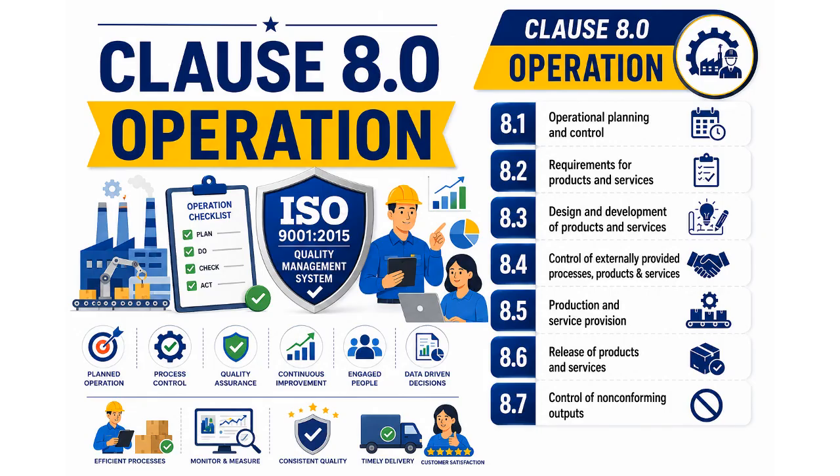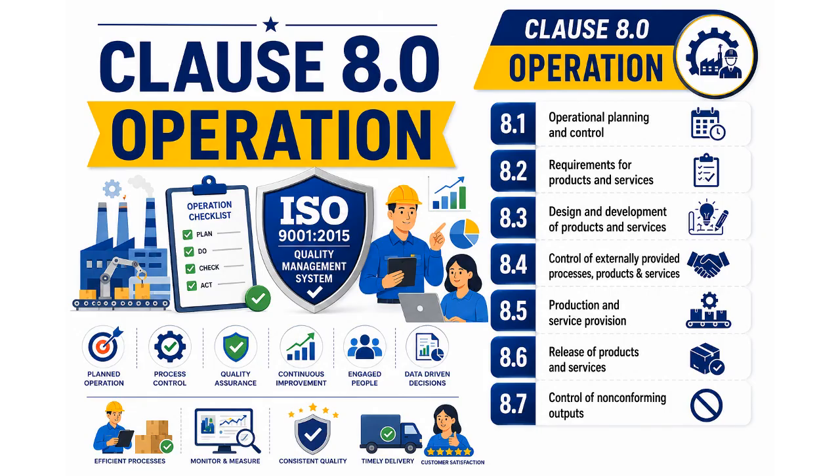Clause 8 of ISO 9001 contains 7 essential subclauses that control operational excellence. Here, Clause 8.1 covers operational planning and control of processes. 8.2 ensures requirements of product and services. Clause 8.3 focuses on design and development of product and services.